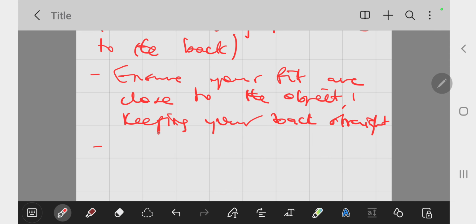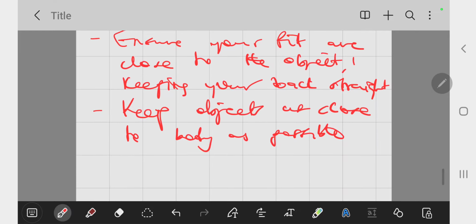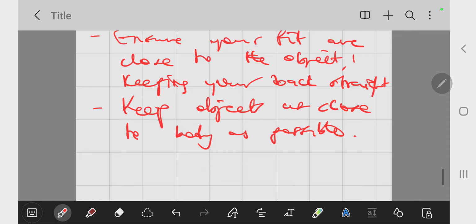Secondly, you need to keep objects as close to the body as possible when lifting.